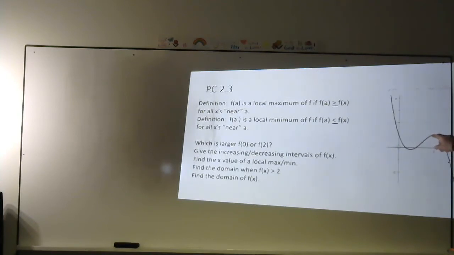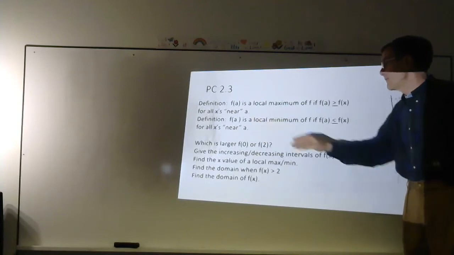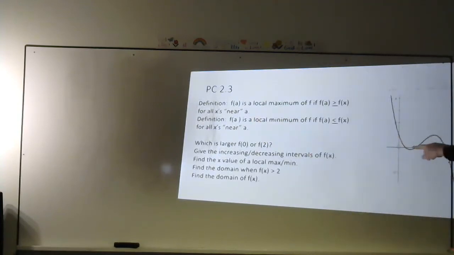It allows for a flat top. Here's the other part, a local minimum. F of A, let's go over to this one now. This would be a local minimum if A would be right here on the x-axis. F of A, the functional value, has to be below, smaller than functional values on either side.